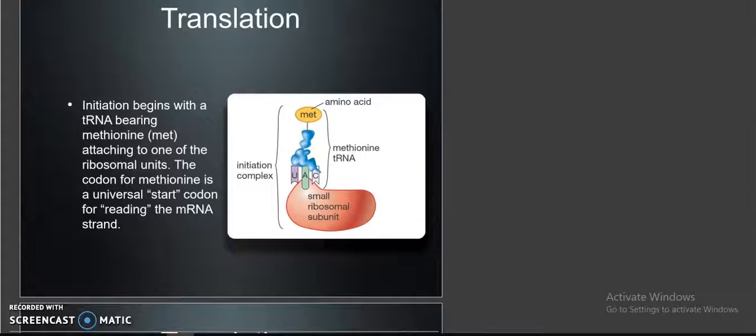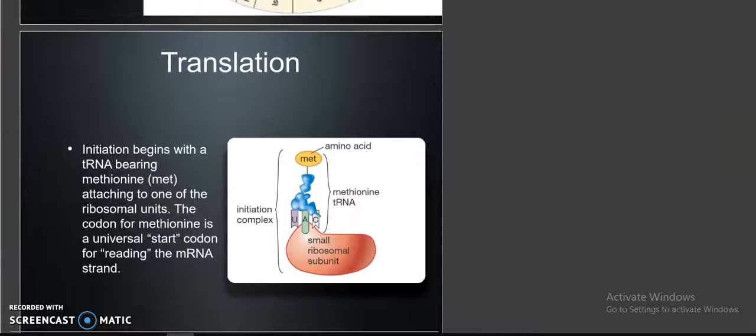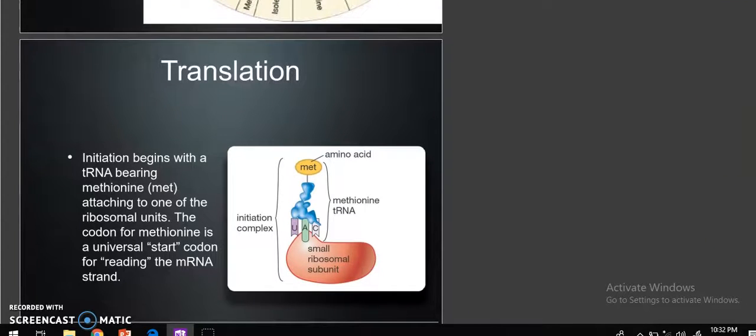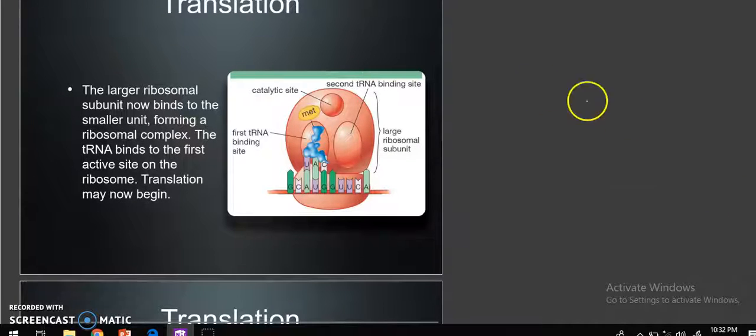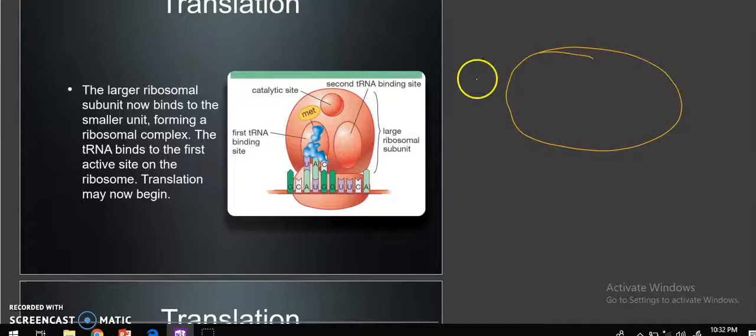So as we see, this is now the ribosome. In the ribosome, we have the P site, the E site, and the A site. The A site accepts, the P site will connect, and the E site will release.